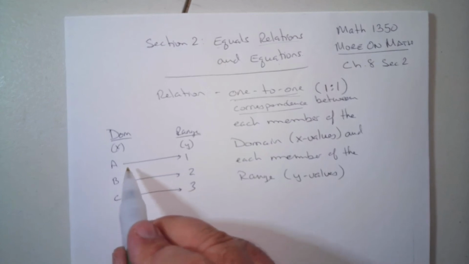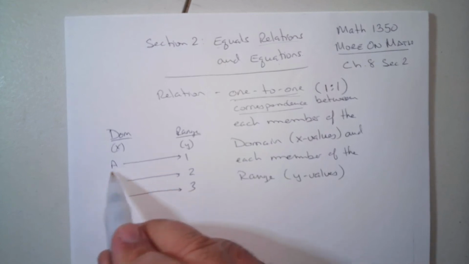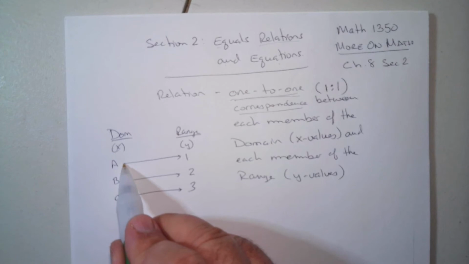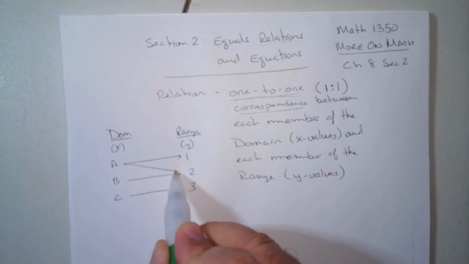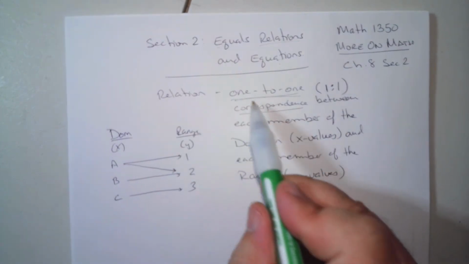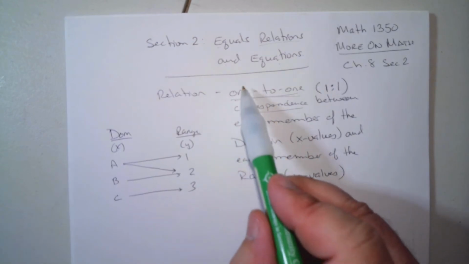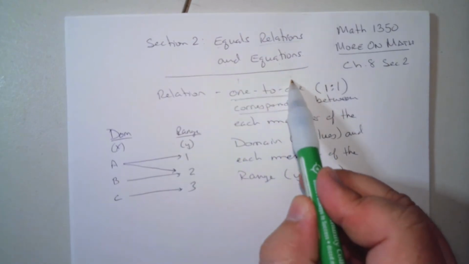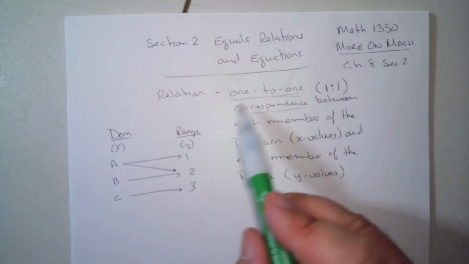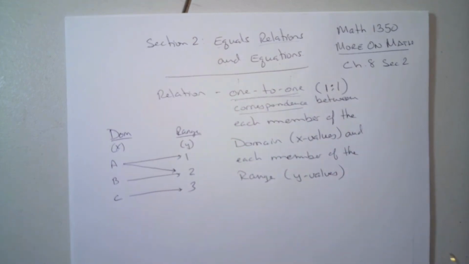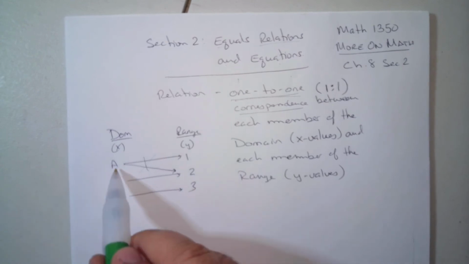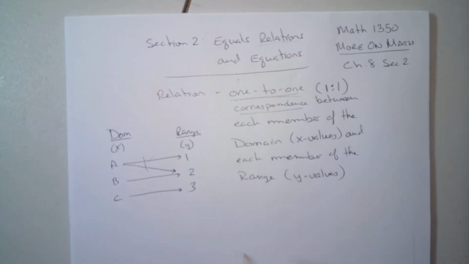If person A sends to two people, then that's not one-to-one. In other words, think of relationships.